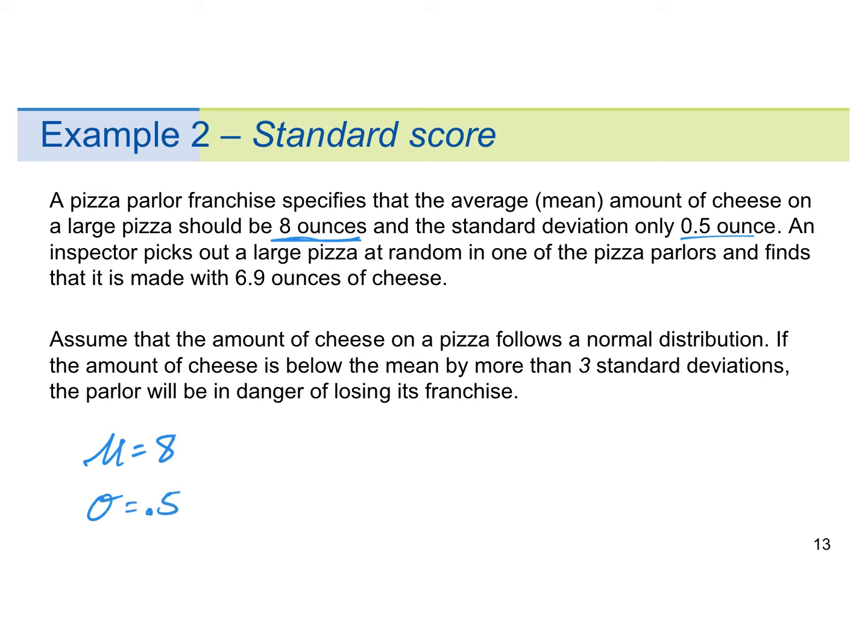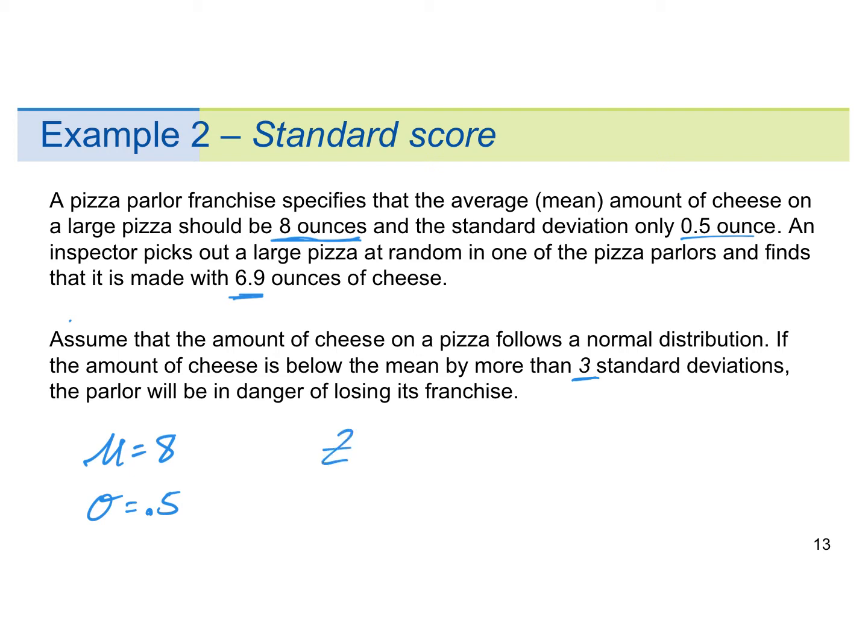An inspector picks out a large pizza at random, and finds out that it's made with 6.9 ounces of cheese. Assume the amount of cheese on any pizza follows a normal distribution. If the amount of cheese is below the mean by more than 3 standard deviations, the parlor will be in danger of losing its franchise. So they want to make sure they're putting enough cheese on it.